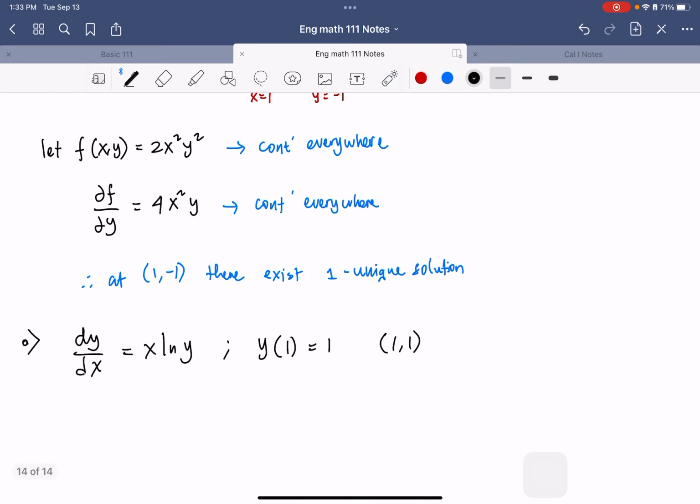Okay, now because we have ln, probably this will have some restrictions, and we can at least write some interval to make it exist or unique.